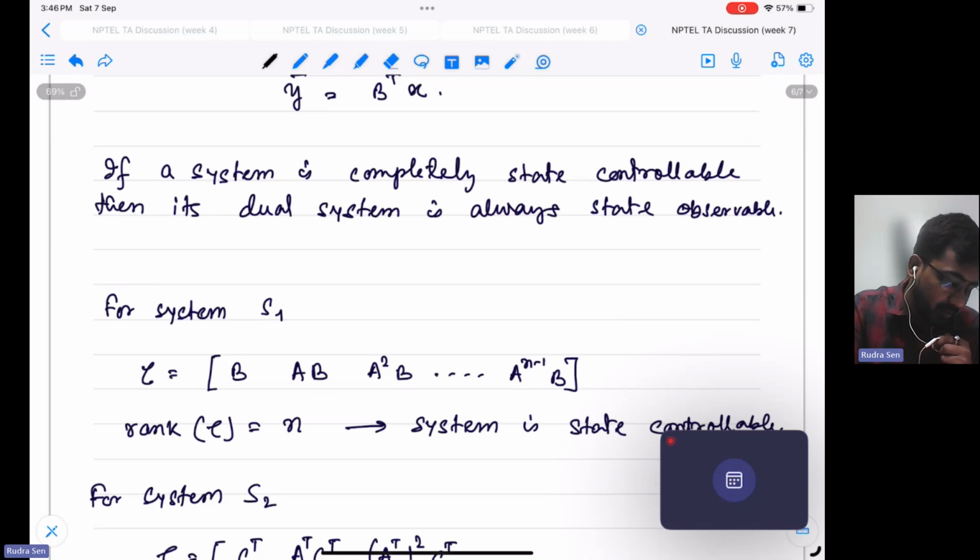What I have said is, if a system is completely state controllable, its dual system is always state observable, and vice versa.